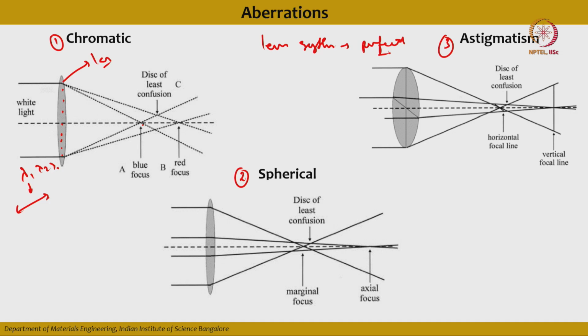So a range of wavelengths is present in the light, and it arises because a single lens causes light to deviate by an amount depending on its wavelength, okay. So the lens will have a different focal point corresponding to each lambda. This may be the lambda 1 focal point, this may be the lambda 2 focal point, and this is the chromatic aberration. Now, you will have a certain disk of confusion within this range of focal points.